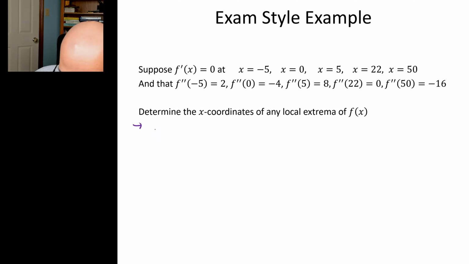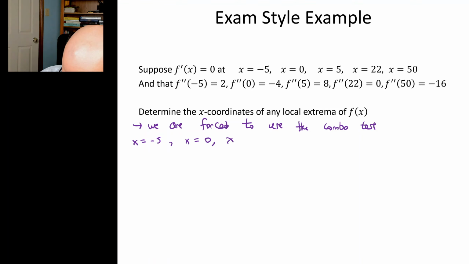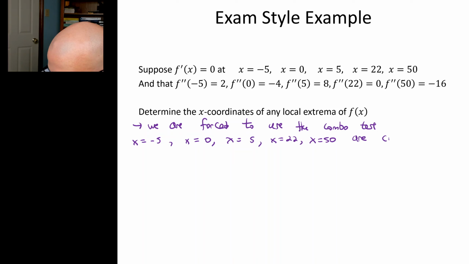We have to use the combo test. We are forced to use the combo test. So x equals -5, x equals 0, x equals 5, x equals 22, x equals 50 are critical numbers.